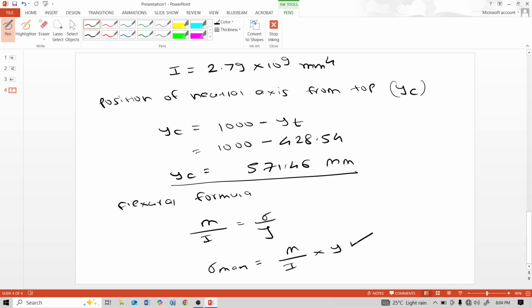And if this Y is minimum, this sigma is minimum, because sigma is directly proportional to Y. So use maximum value, this value. If you use this 428.54 value, YT value, then your stress comes minimum stress. That's why use this compressive value.